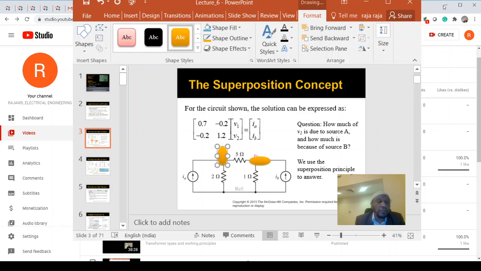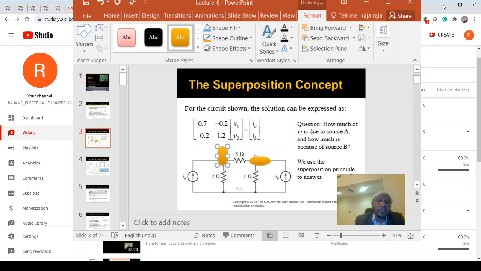And if you have two sources and you want to apply the superposition theorem to calculate the exact amount each source contributes to the voltage at node 1 and node 2, what does the superposition principle state?